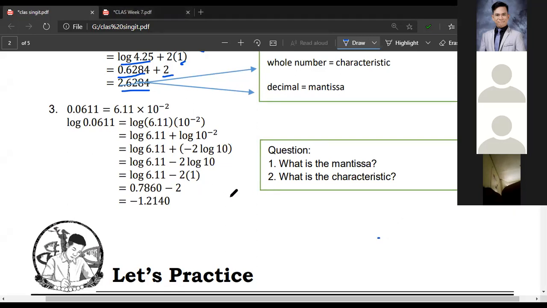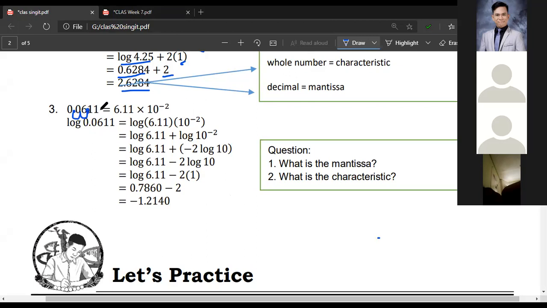Okay. So we have logarithm of 0.0611. Alright? The scientific notation, that would be 6.11 times 10 raised to negative 2. Bakit negative 2? May decimal place dito, di ba? Ilipat nyo na dapat nasa left niya yung ones digit.